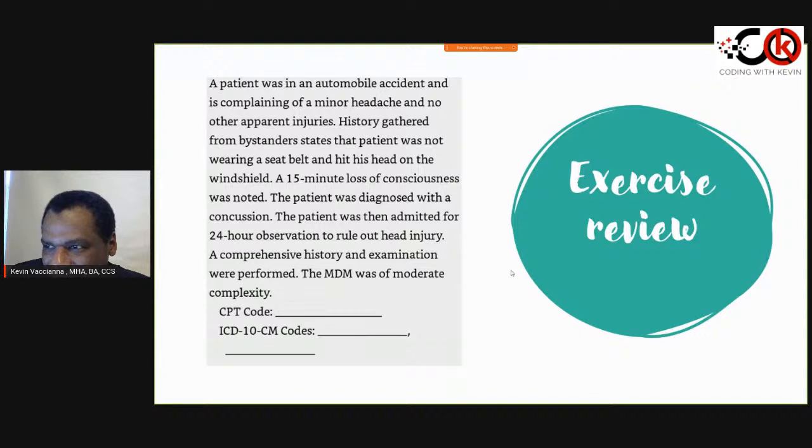New patient. 99219. Yes, very good, because it's observation. You guys have got to drill that in. Patient type, place of service, all that stuff. Remember those three factors. You've got to get that in your head before you start looking at the medical record.